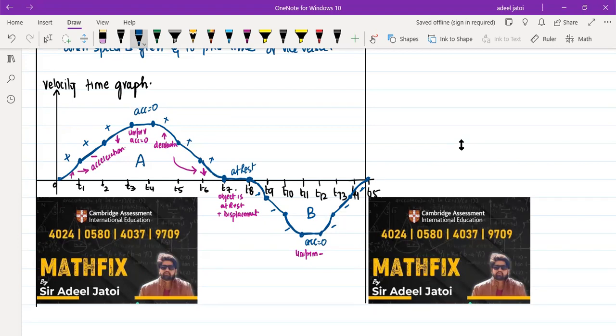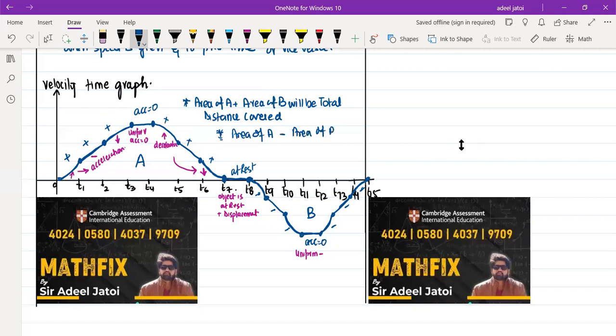The other pointer is that area of A minus area of B will be equal to the final displacement of the object.